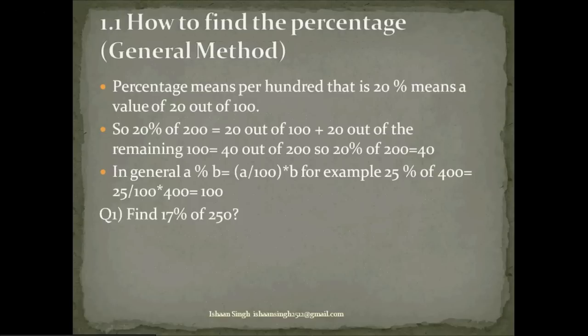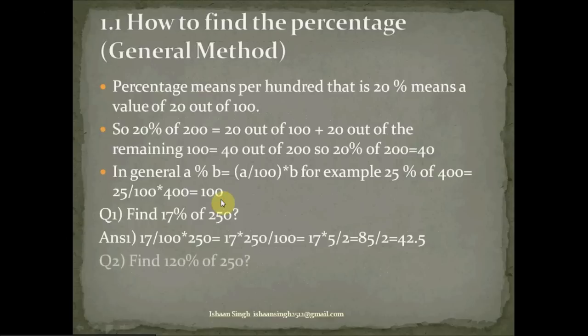Suppose we have to find 17% of 250. Using the formula above, A% of B is equal to A upon 100 into B, we can calculate it like this: 17 upon 100 into 250 is equal to 17 into 250 upon 100 is equal to 17 into 5 by 2 is equal to 85 by 2 equal to 42.5.